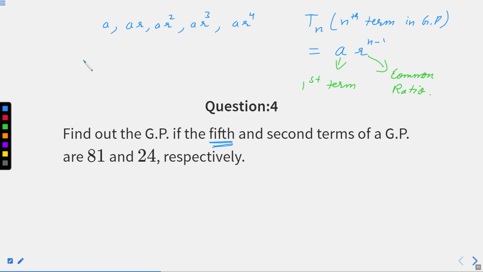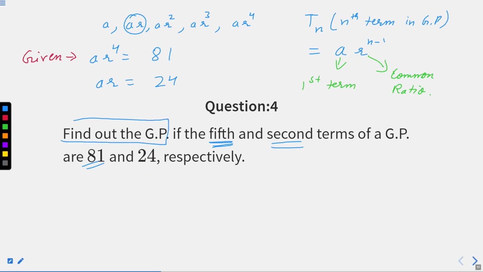Now move further. The fifth term, AR to the 4, is given to me as 81, and the second term, AR, is given as 24. We have to find out this GP.